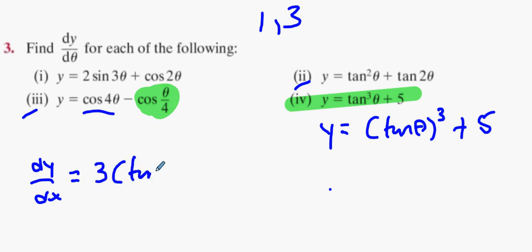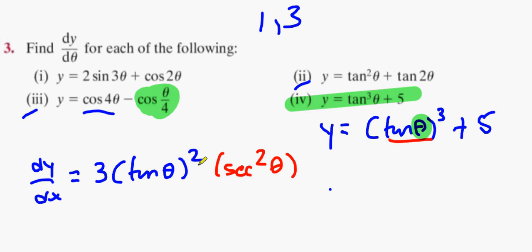What you do to the power? So 3 tan squared. And then what happens when you differentiate tan theta? Yeah, and when you differentiate the angle, which is just theta, it's just a 1, so you don't even have to put it down. There's your answer, good job.